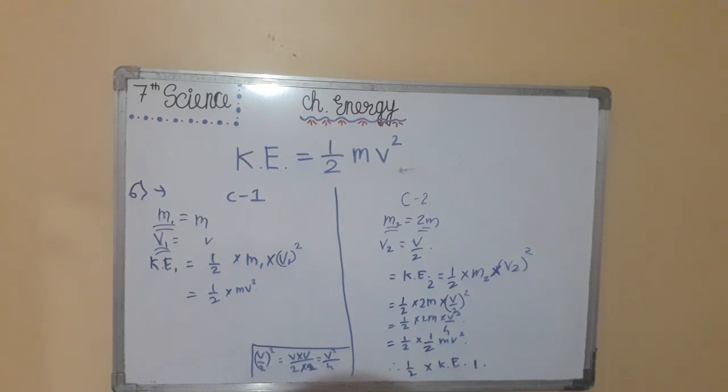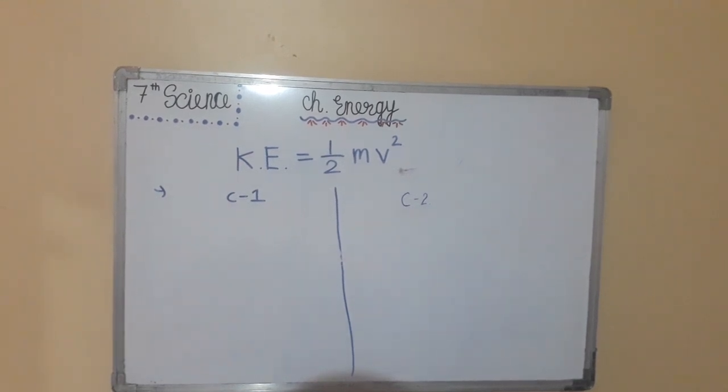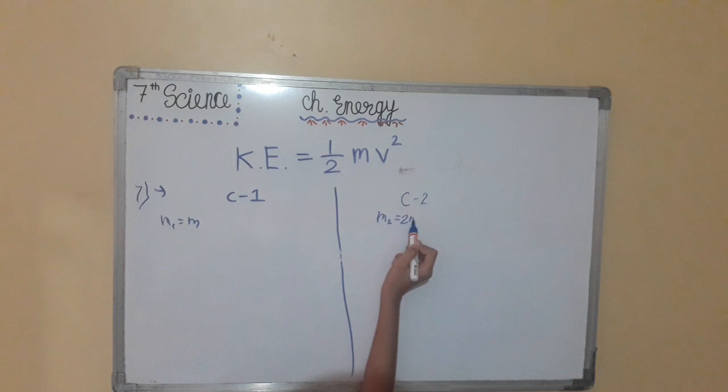Again, we have to take case 1 and case 2. m1 is equal to m, m2 is equal to m. Now v1 is equal to v, v2 is equal to 3v.